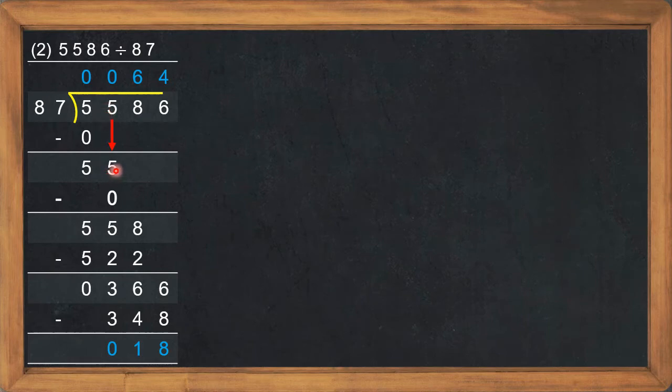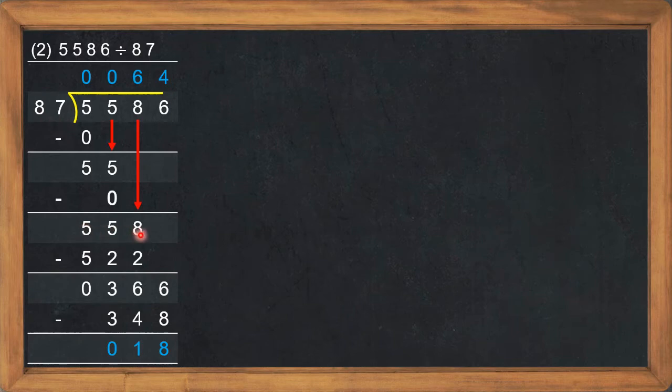Again 5 is smaller than 87, so we write 0 in the quotient and we subtract 0 from 55, which is equal to 55. Now the next step is to bring down the next digit in the dividend, that is 8. So we get 558. As 558 is greater than 87, we can divide.